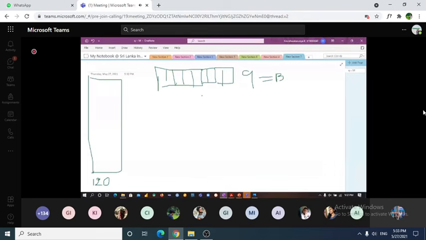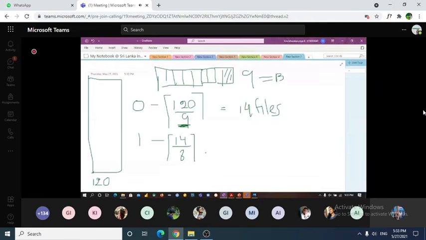At this point you are getting 14 files. So we have to go for a merge. We are taking these 14 files, and now you can't use 9. Why? One is needed for the output. So 9 minus 1, 8. We are taking only 8, and there are 2 files now. But still you can't stop because we need only 1 file. So go for pass 2. Now here we need only 2 files.